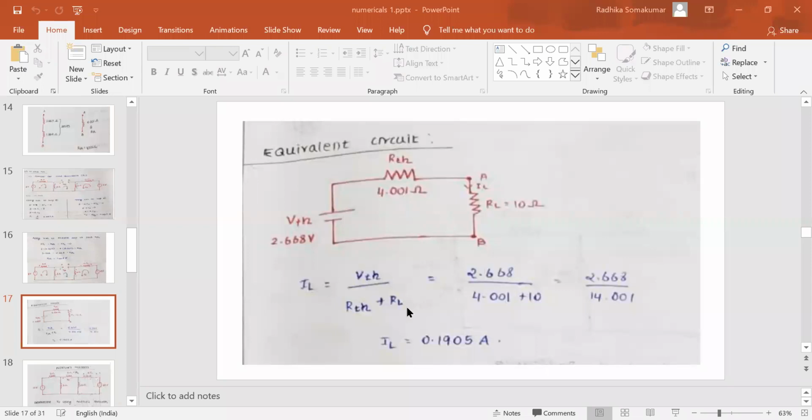For that, you can apply KVL again, or simply write current is equal to voltage divided by resistance. Total resistance over here will be RThevenin plus RL. So the current flowing through this load resistance is V divided by RThevenin plus RL. So you will get the current value.